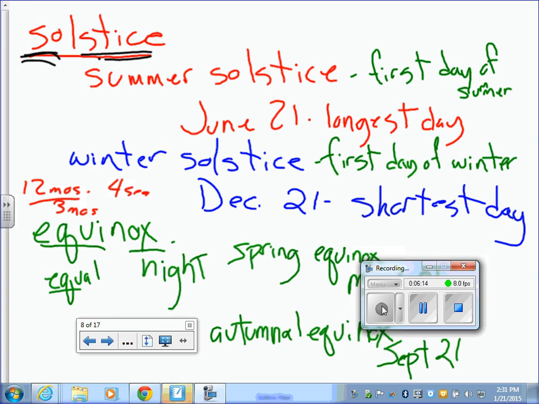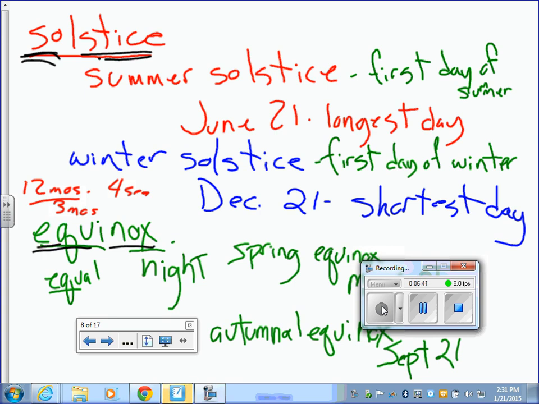We have the longest hours of night, and the sun is at its furthest south position in the sky. And then the summer solstice is the opposite. It's the longest day, and that's where we have the longest day in June, and the sun is closest to the equator for us. Then, in between, marking the beginning of spring and fall, are the equinox.